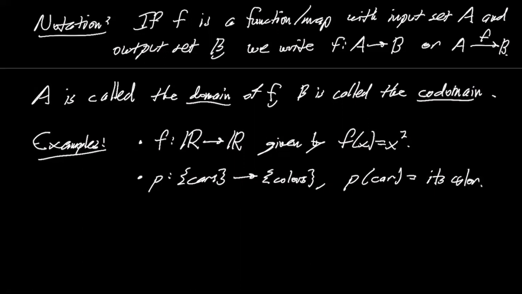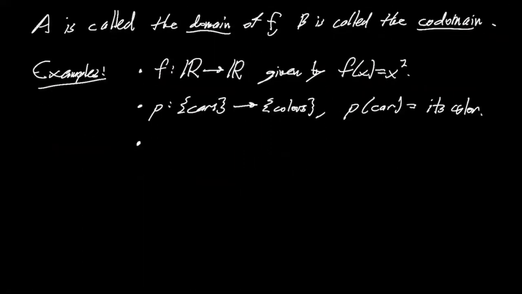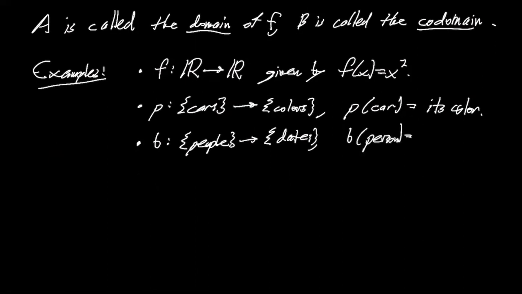You could have, just to keep using these examples I've had before, the set of all people to the set of all dates, given by, I guess I'm using B for birth and I was using P maybe for paint, the B of a person equals their birth date.